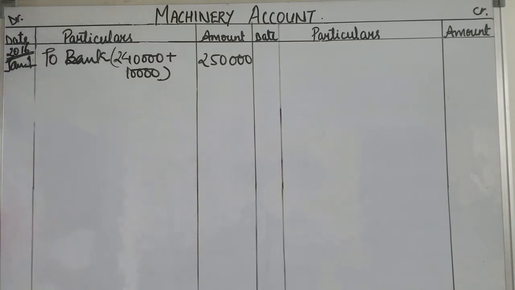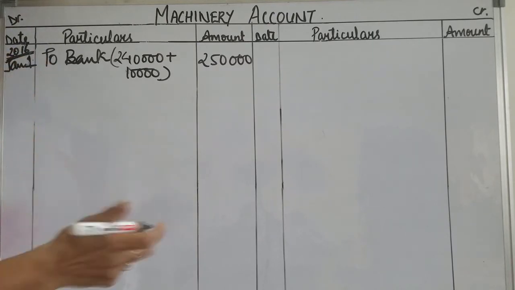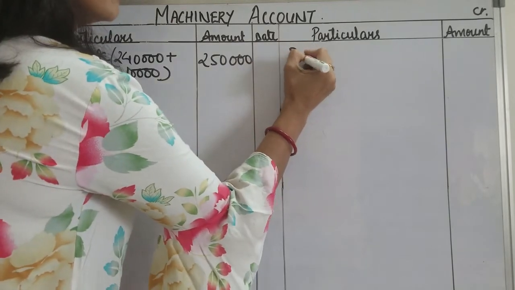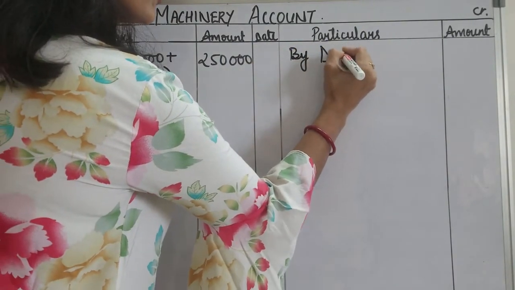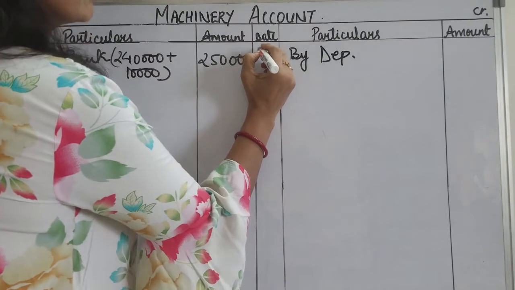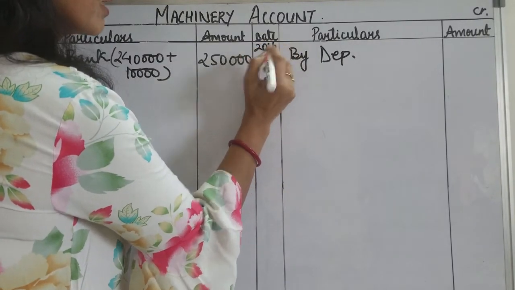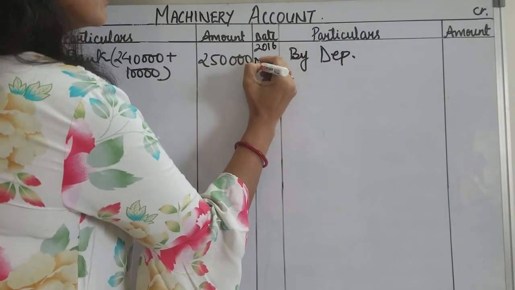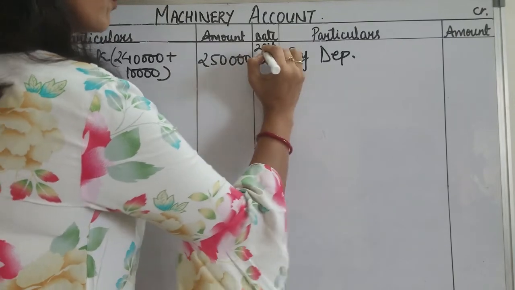Okay. So here depreciation's entry will be depreciation account debit to machinery account. So we'll write by depreciation, and depreciation is provided at the end of the year. Calendar year ends on December 31st, right?